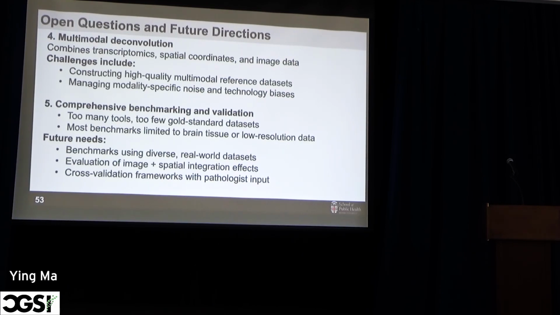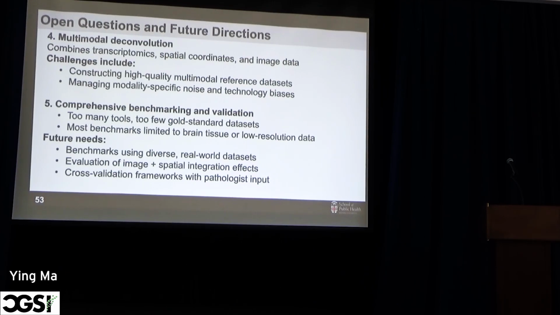The challenges include constructing high-quality multimodal reference data sets and managing modality-specific noise and technical biases. And we need comprehensive benchmarking and validation because there are too many tools but too few gold standard data sets. Most benchmarks are limited to, for example, brain tissue or low resolution data.